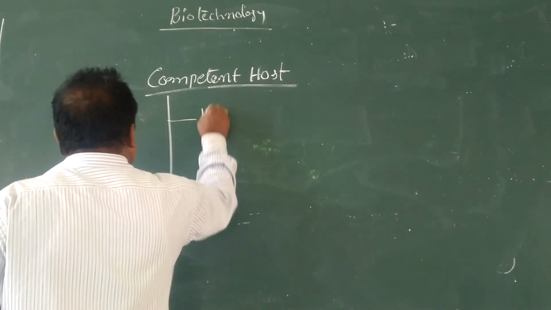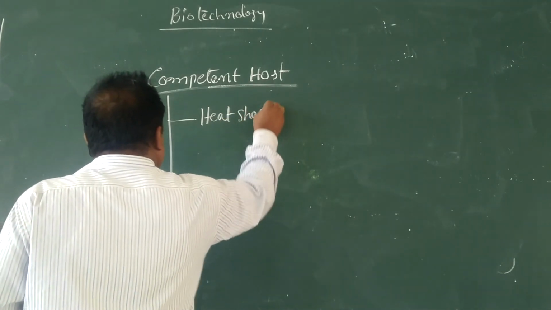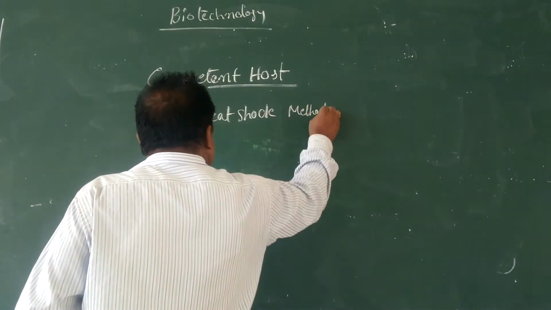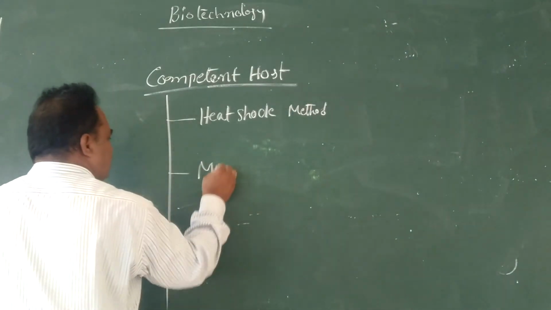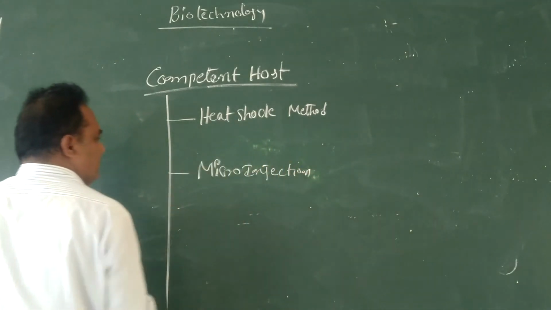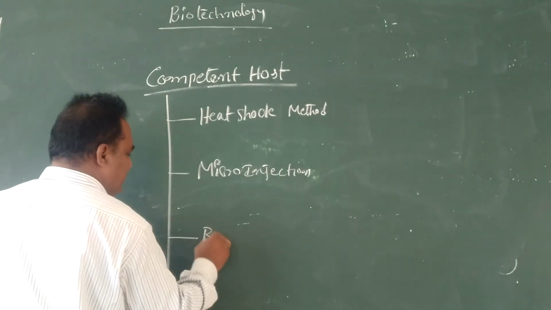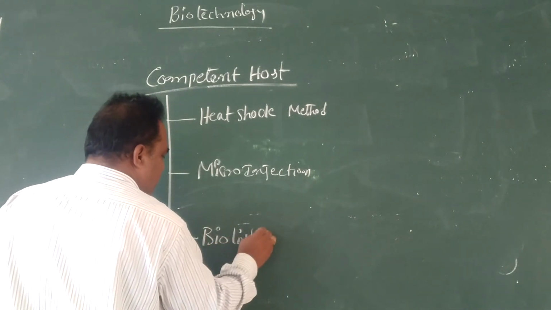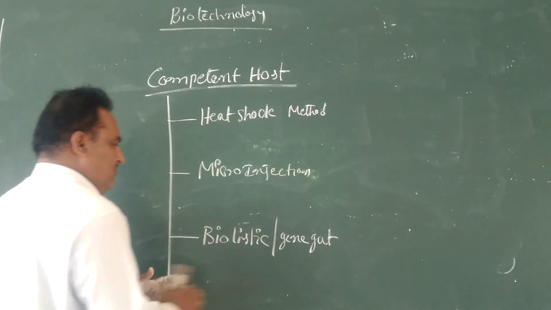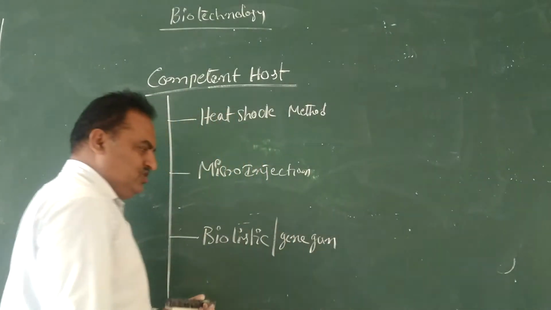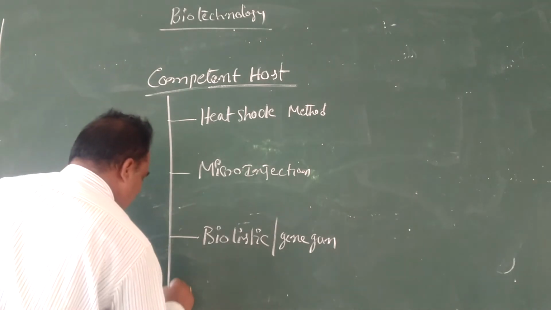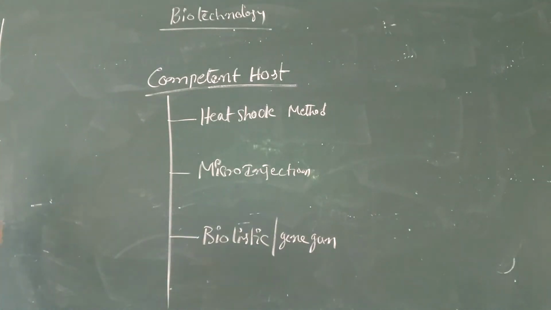One is the heat shock method. Another is the microinjection method, and the biolistic or gene gun method is used in some cases for the transfer of rDNA or foreign DNA to the host.